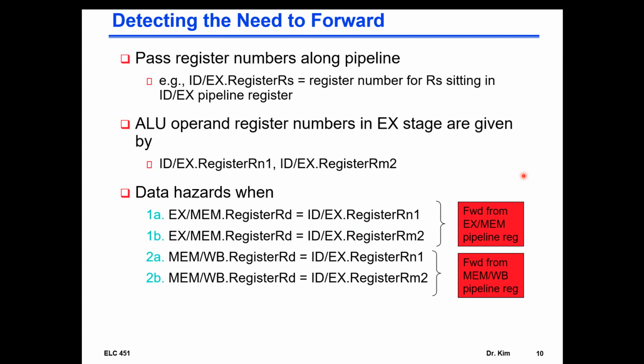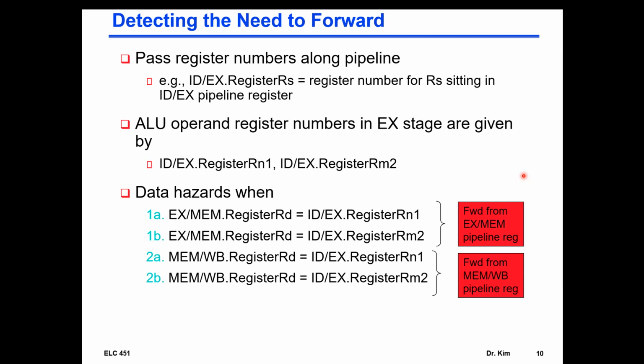So that's what we're going to look at next. The first thing that we need to do is we realize that we need to pass the register numbers that are involved in the instruction. We have to pass those along the pipeline. And you can see now our pipeline register is growing because we just add more bits as we need to pass them along.